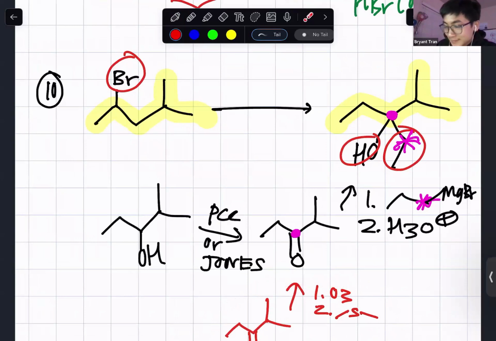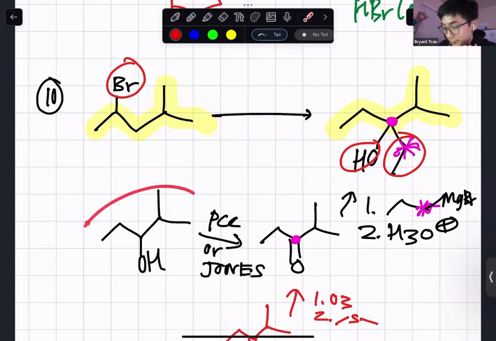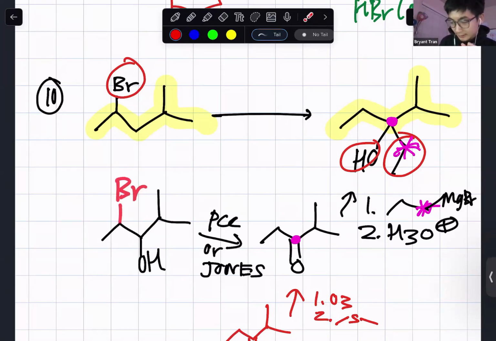Now, what sequence of steps can you think of that we could use to convert this into this right here? You could think about it going backwards or forwards, whichever way looks easier for you. So halohydrin is when we have Br and OH adjacent to each other like that. If you see OH here, right next to this tertiary position, think of this as the less substituted carbon.